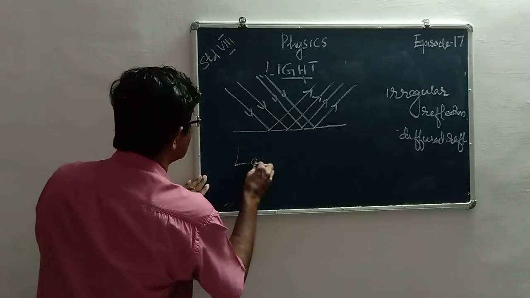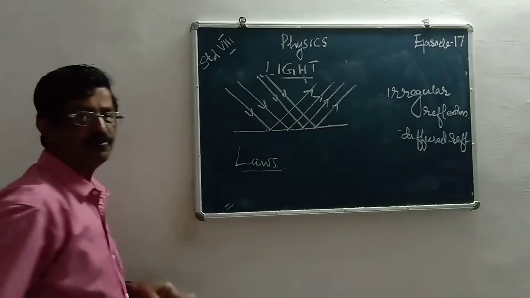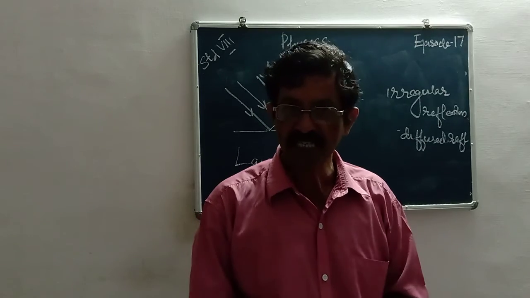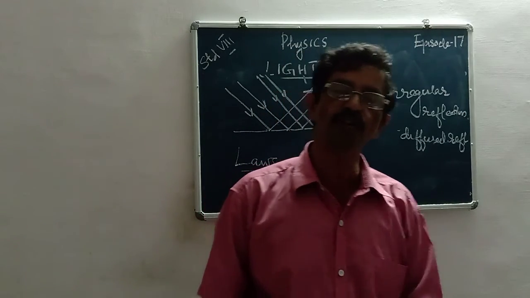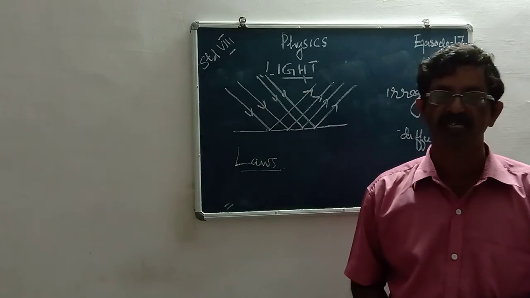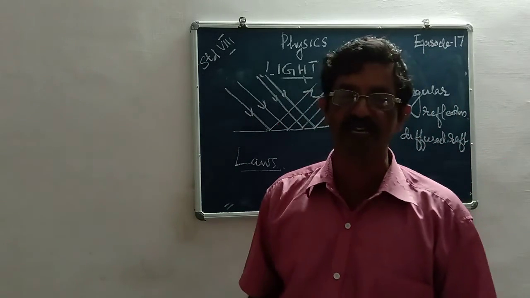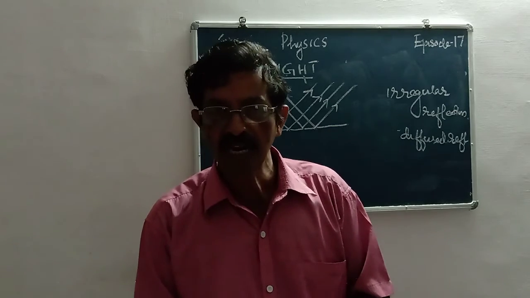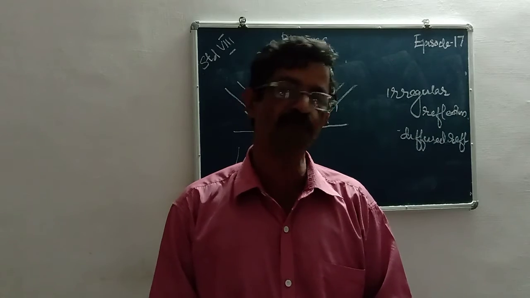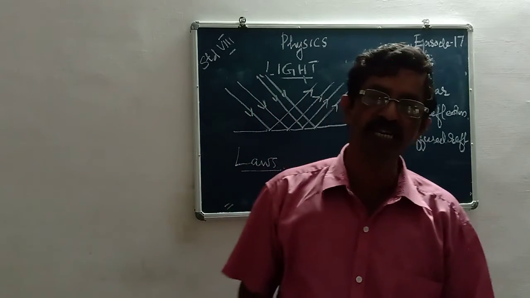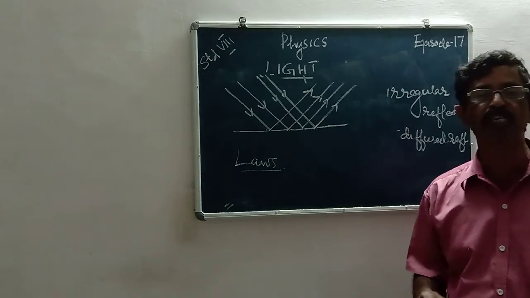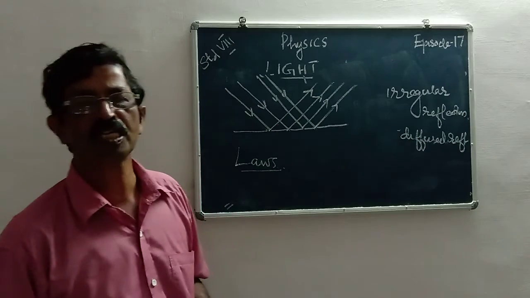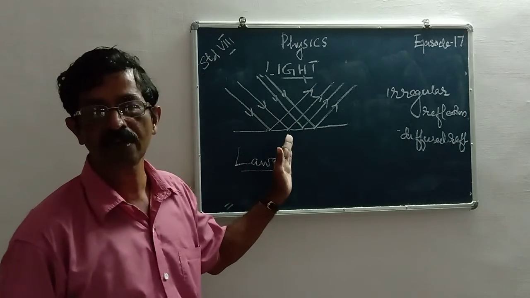Among them, the first one is that the incident ray, reflected ray, and normal drawn at the point of incidence all lie on the same plane. And another law is that the angle of incidence is equal to the angle of reflection.